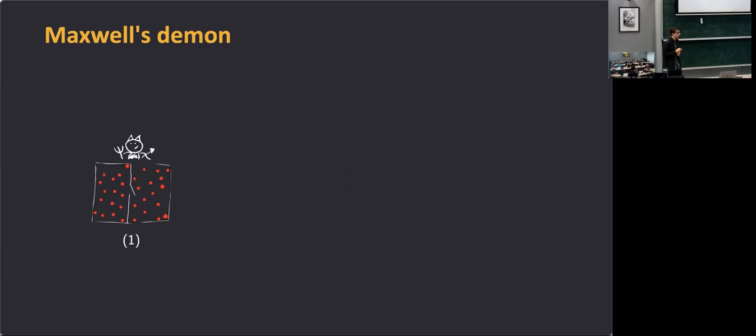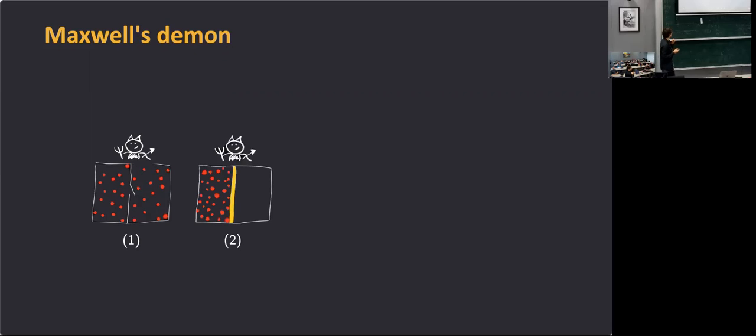One modern retelling of this paradox is that we start with Maxwell's demon, who has a box, a container with gas particles. In the middle of the container, he puts a wall and a little door. Then the demon will activate the door.